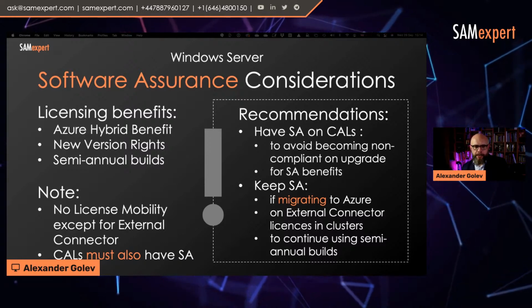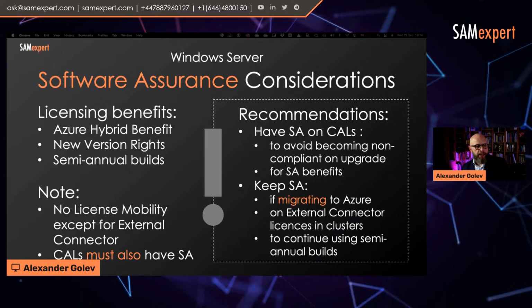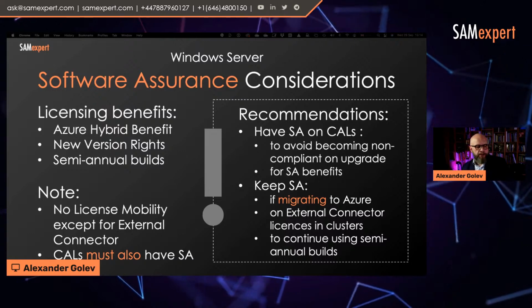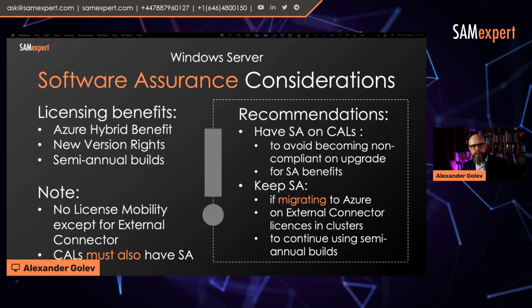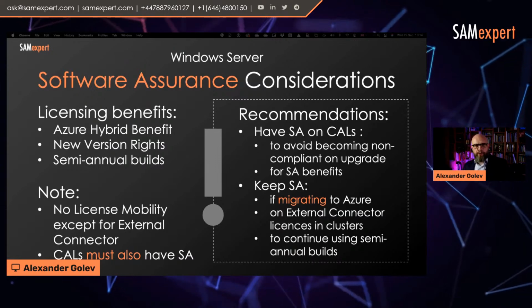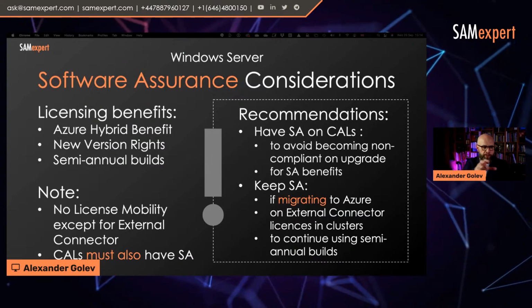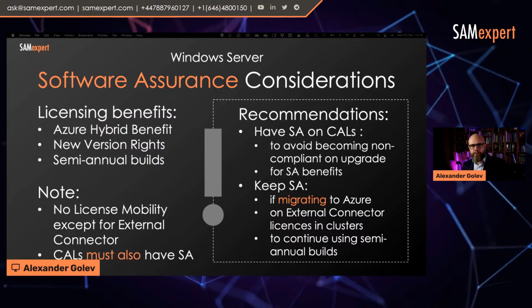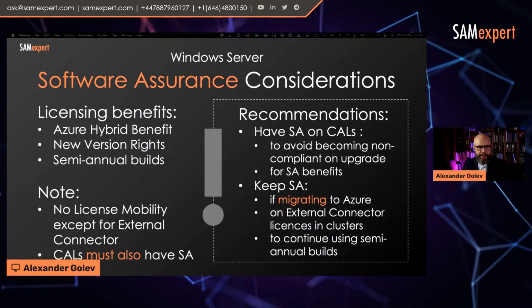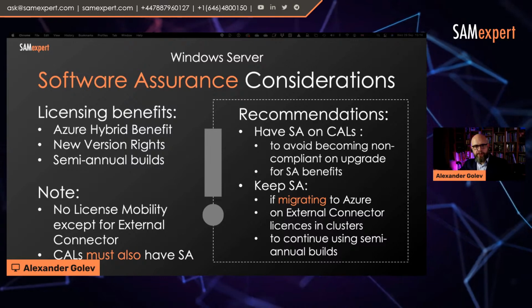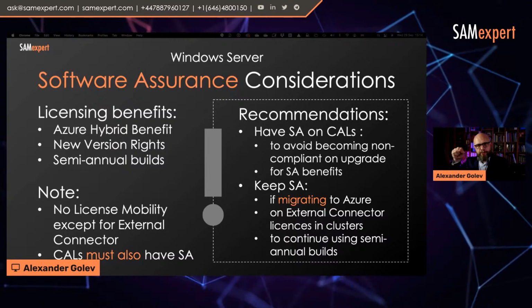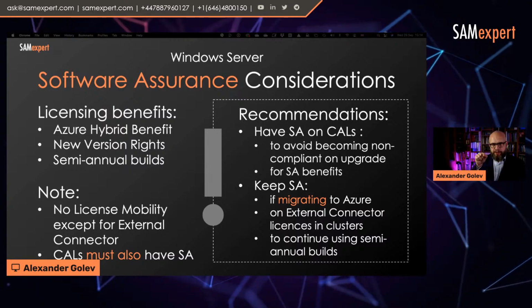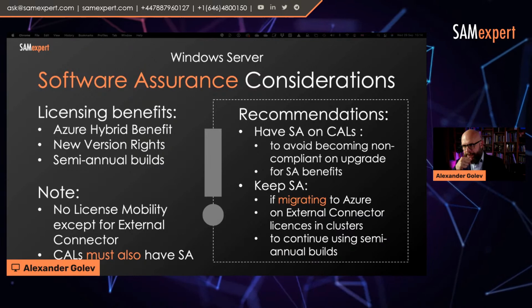It's one of the things we have in our services, one of the big tick boxes when we help a customer reduce costs on the next Enterprise Agreement renewal. We ask them, are you moving to Azure? Are you already present in Azure? Then keep SA and maybe even buy more licenses with software assurance, because it's going to cost you less to use them in Azure than to continue paying pay-as-you-go rates. That's one of the savings points, an important point.